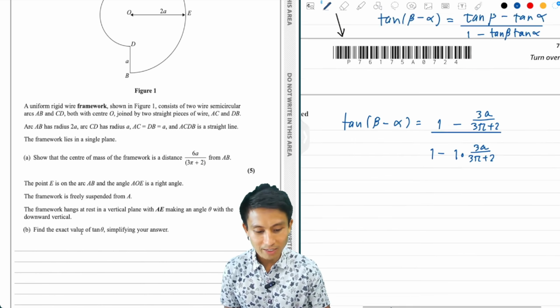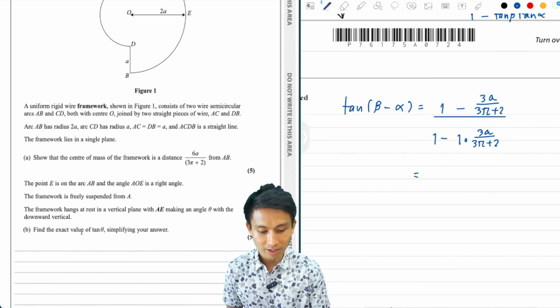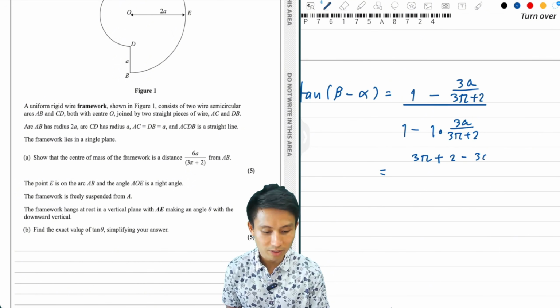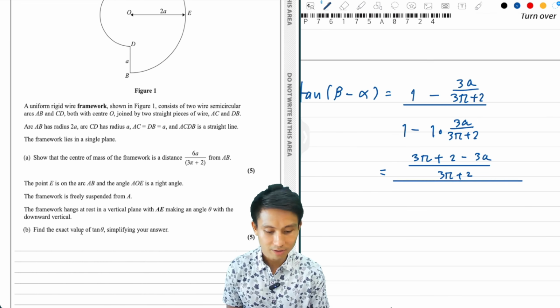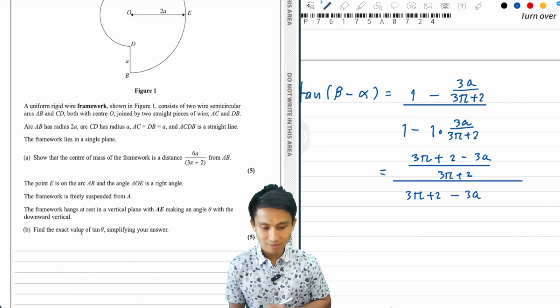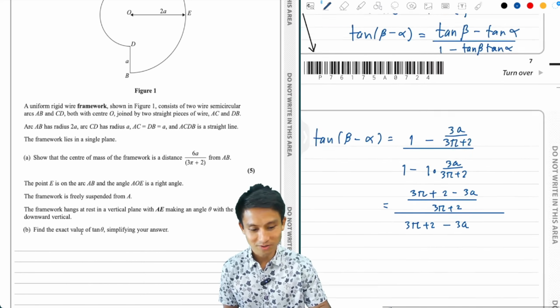If you make the denominators the same for top and bottom there, you're going to get 3 pi plus 2 minus 3A, all divided by 3 pi plus 2, and this is a big fraction, and then that's going to be 3 pi plus 2 minus 3A. Wait, why do I get the same thing here? Hang on, is something wrong?